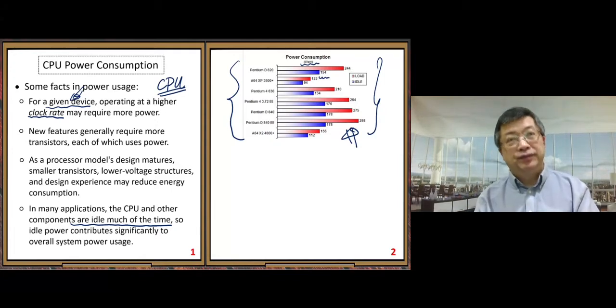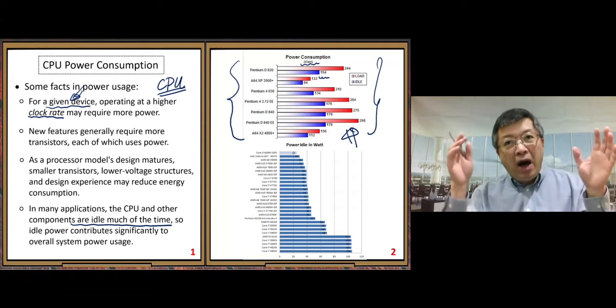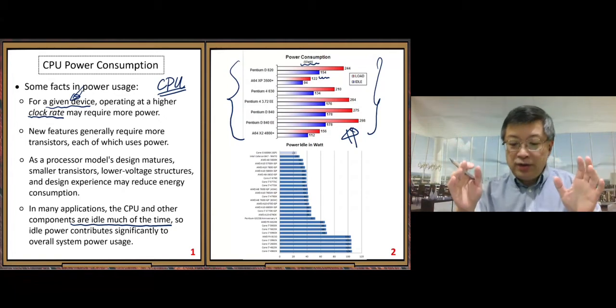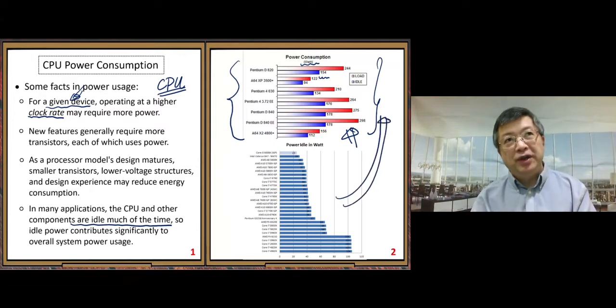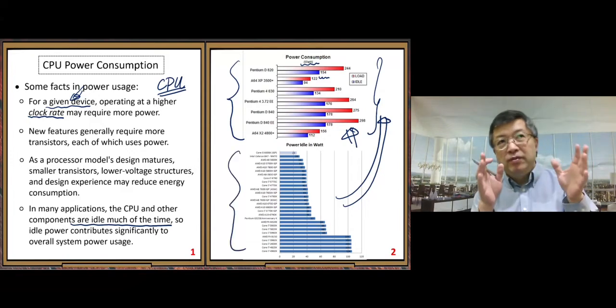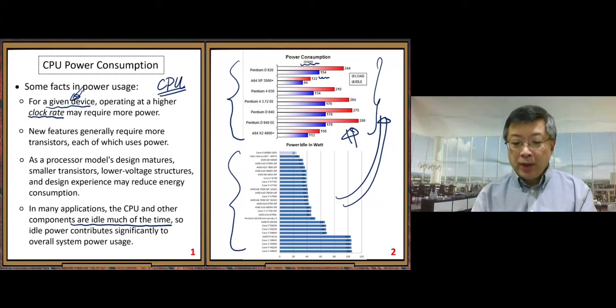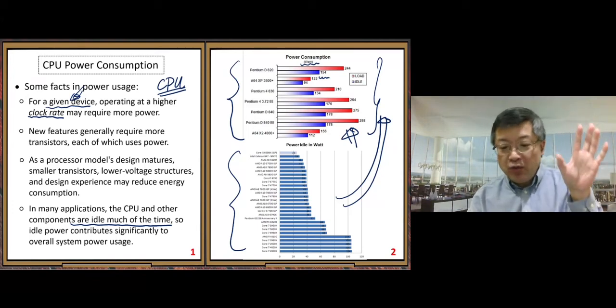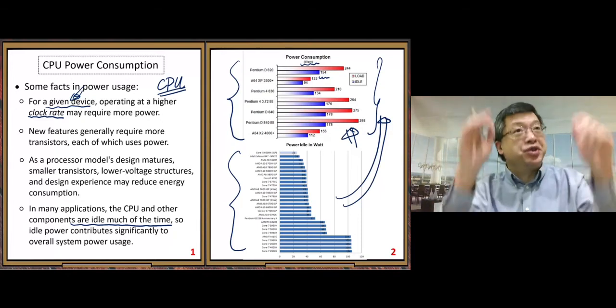This is a picture of idle power in watts. Comparing with the first picture, you can see these are much newer, more recent CPUs. We just compare the idle state power consumption, and you can see it is greatly reduced.